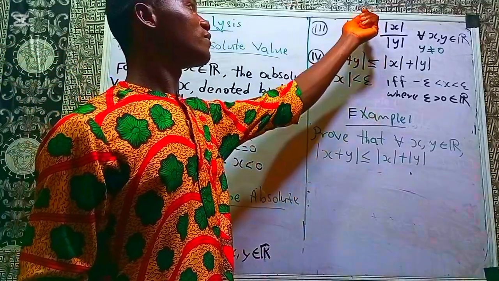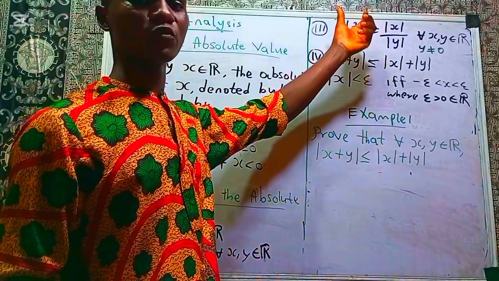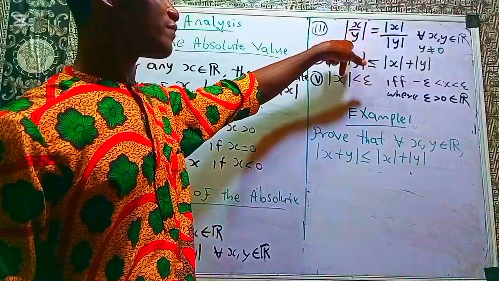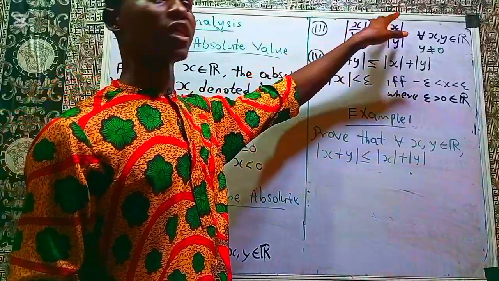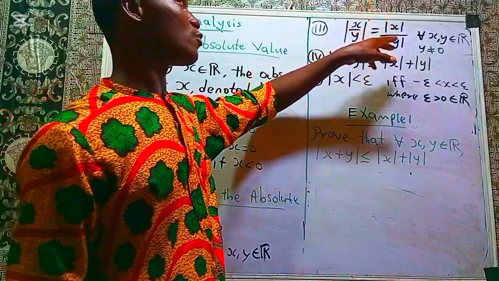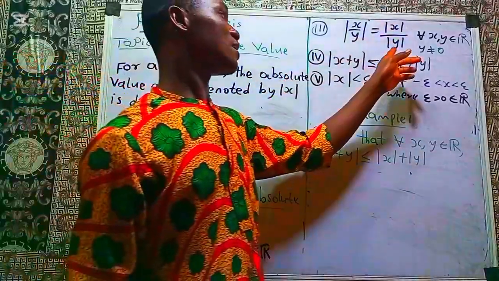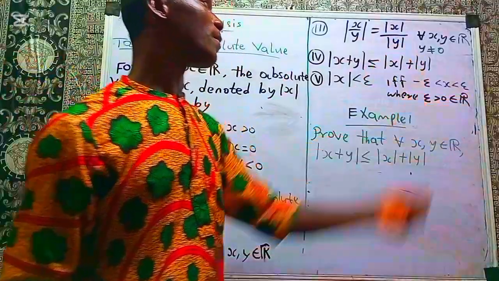Then the absolute value of the quotient of two real numbers, that's the absolute value of x divided by y, will be equal to the absolute value of x divided by the absolute value of y, provided that this y at the denominator is not 0.